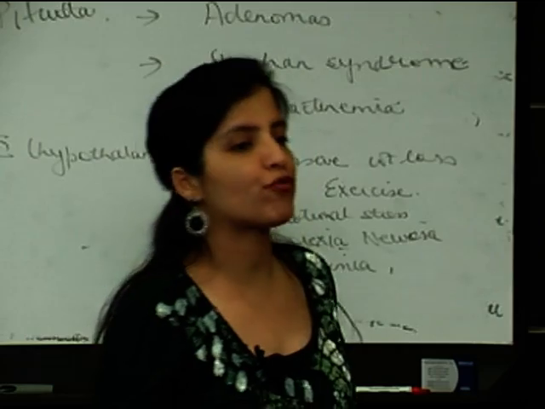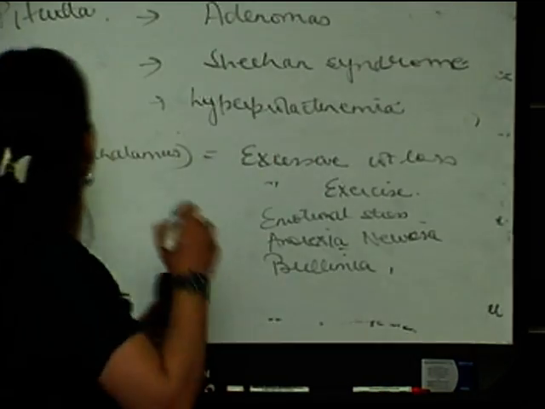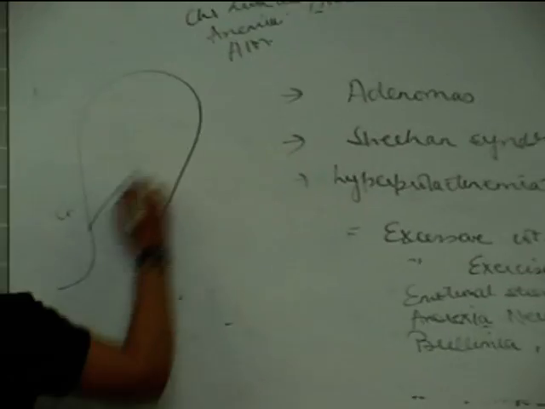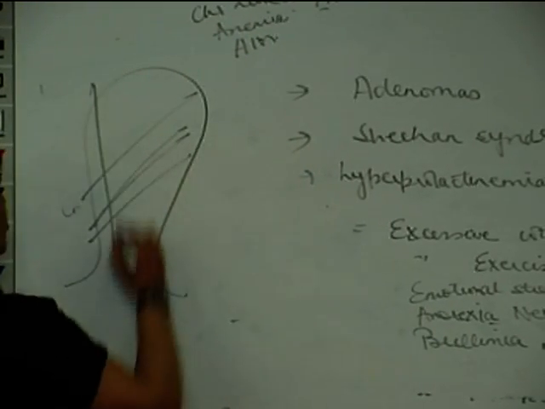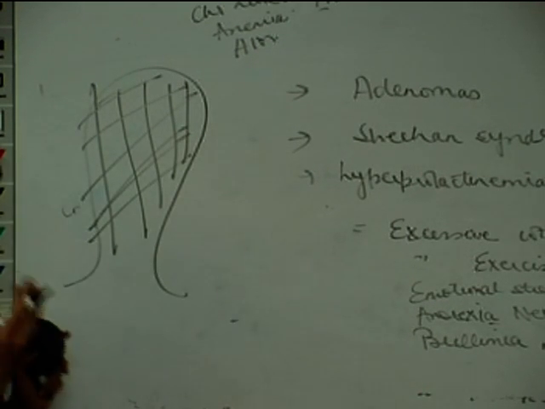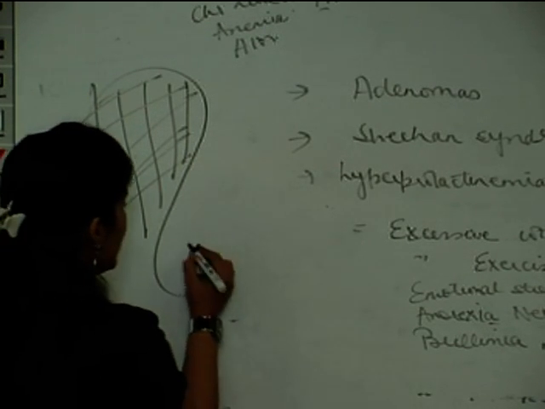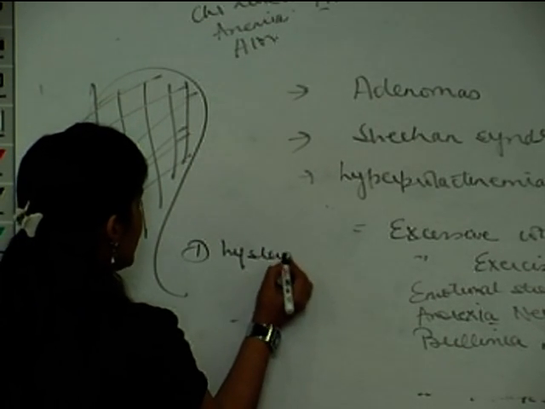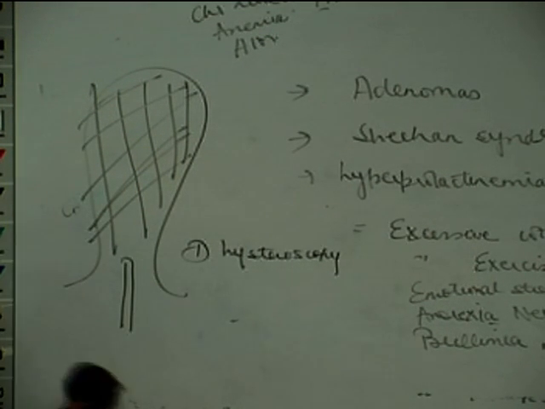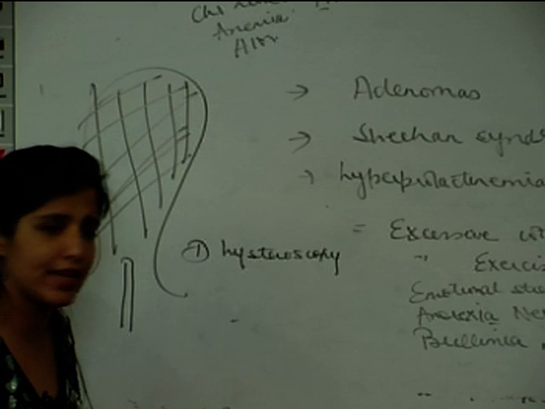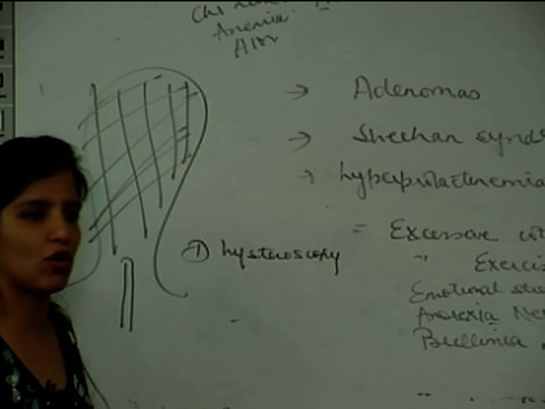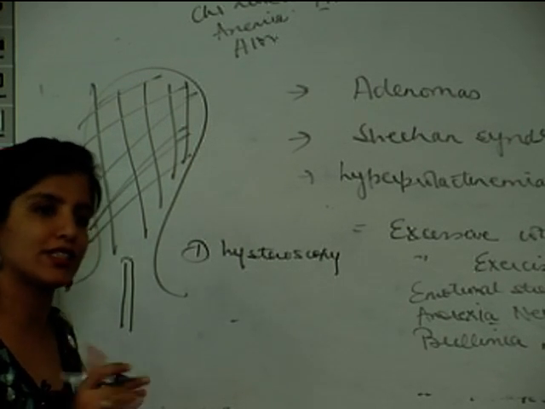The investigation of choice for Asherman syndrome: if this is the uterus, these are the synechiae. If we want to visualize them, there are two methods. Number one is hysteroscopy. You introduce an endoscope inside the uterus and visualize the synechiae directly. Hysteroscopy is the investigation of choice because besides being diagnostic, it is therapeutic.